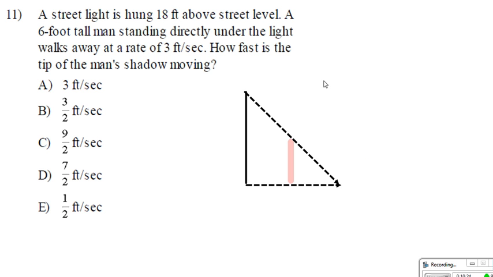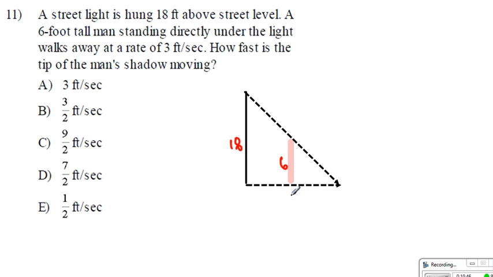Now here we get to see something quite nice because we see just another triangle. This is 6, the height of the person, and this is 18, and the man walks away at the rate of 3 feet per second.